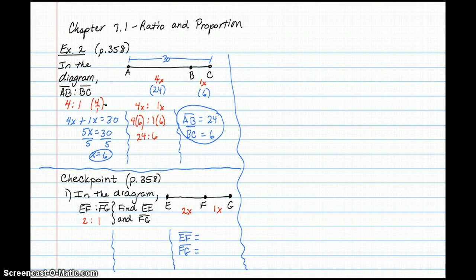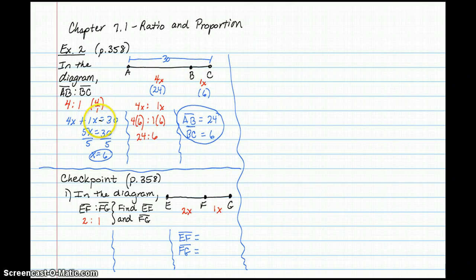Now, you know all of AC is going to be the 4x plus the 1x. Okay, so you've got 4x plus 1x, because you don't know what your value is. You just know that 4 times something is going to be the 4x, and 1 times something is going to be the 1x.